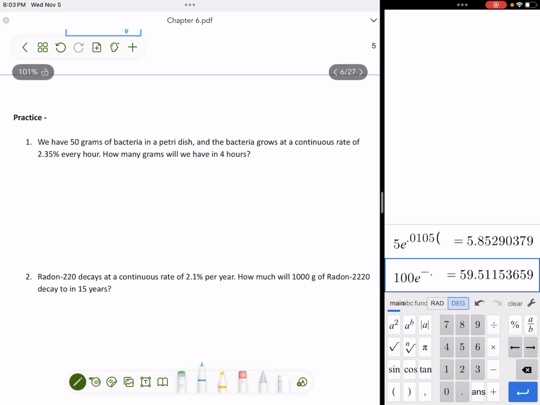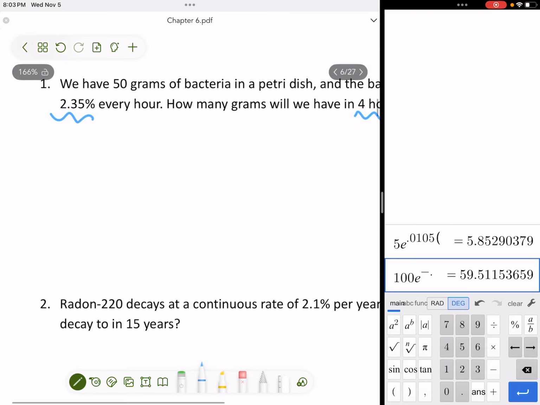We have 50 grams of bacteria in a petri dish. The bacteria grows at a continuous rate of 2.35% every hour. How much will we have in 4 hours? I'm just going to go ahead and jump right in to plug everything in. We're starting with 50. It's continuous. It's growth, so 0.0235.